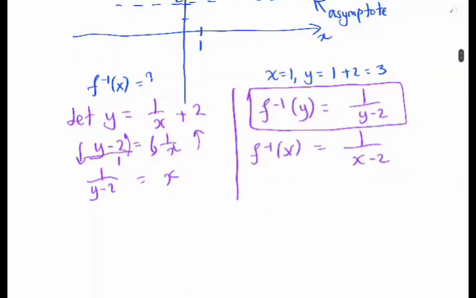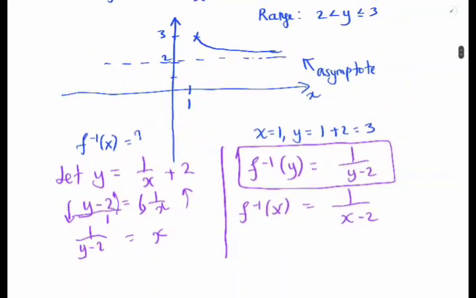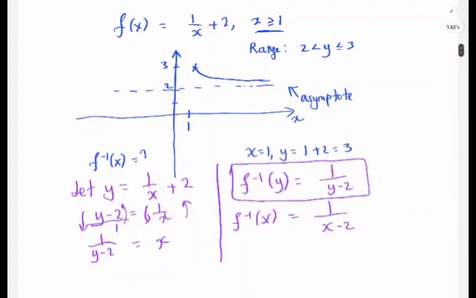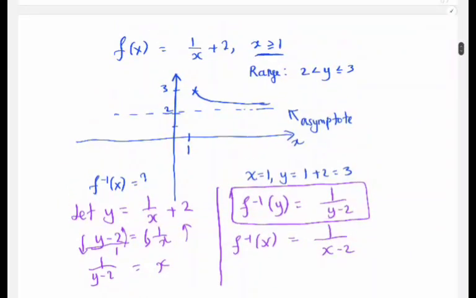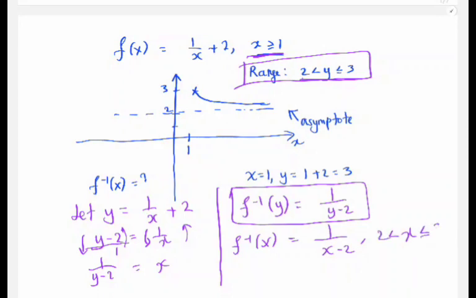Now if you draw the graph, just now you already said x is bigger than 2, y is between 2 and 3. So for this, the range will become the domain. That means x is bigger than 2, smaller or equal to 3.